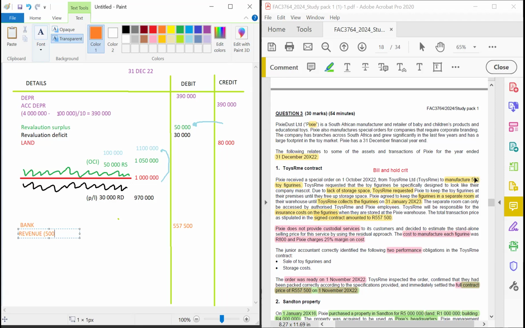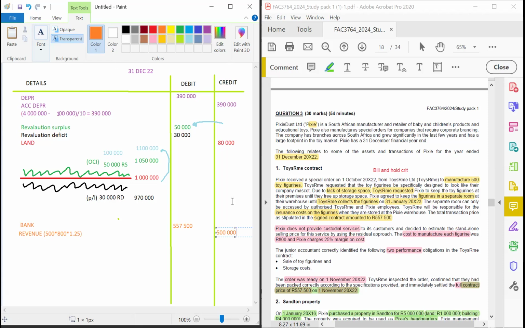Because that's what they wanted to manufacture for this special order. Now I'm going to multiply it with the cost of 800. I'm going to increase the cost with the 25%, I'm going to mark it up, right? Okay, so now this is going to give me an amount of 500,000.